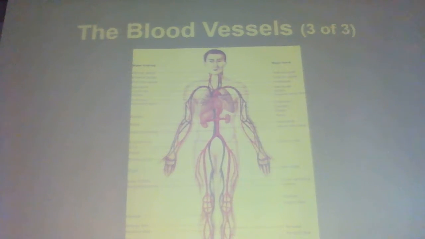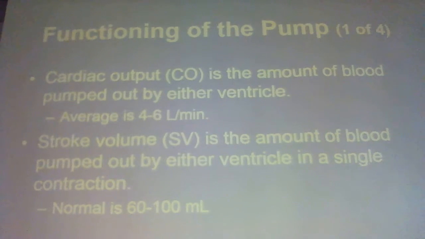All right. Everybody knows we have large veins and large arteries. What's the primary ones we worry about? Carotid, brachial, femoral, aorta, superior and inferior vena cava, right? Antecubital, popliteal, dorsalis pedis. That's the big ones. All right.